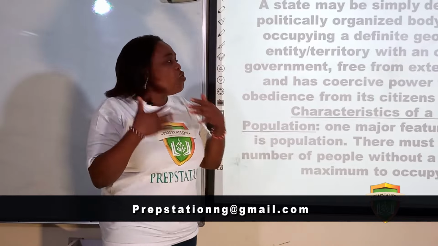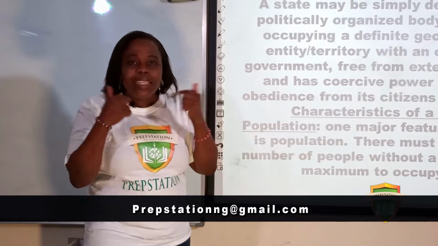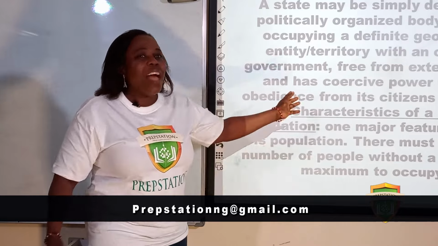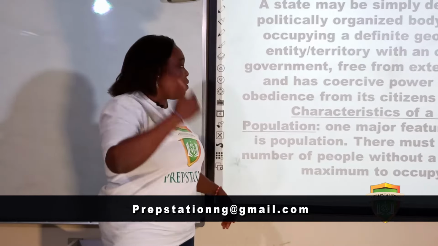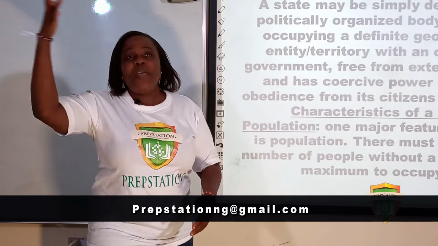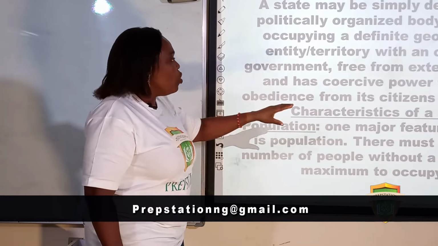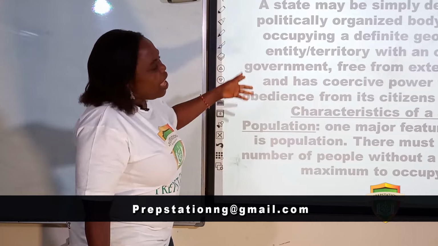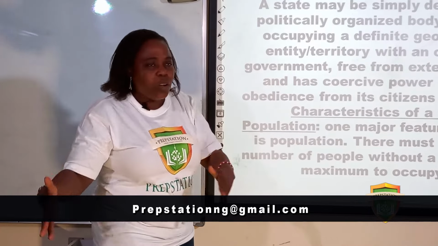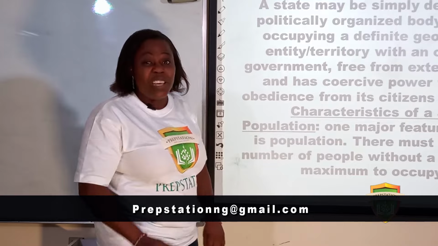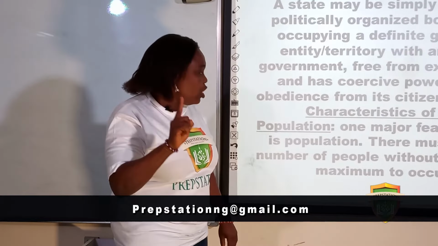A state should be able to make decisions on its own without any external interference. They shouldn't be seeking opinion from outside. So when they ask you, a defined territory is what? You should be able to know whether they are asking you about a state or a nation.